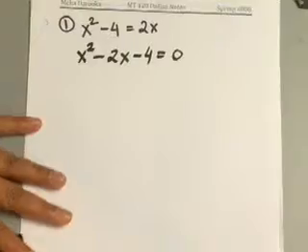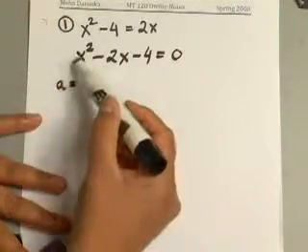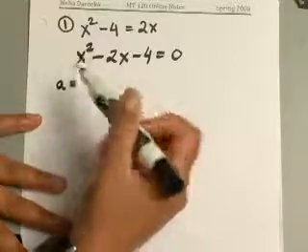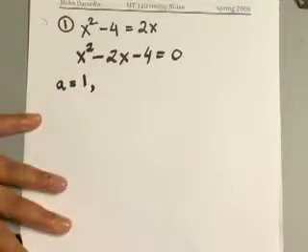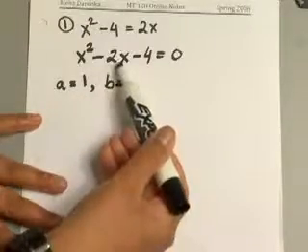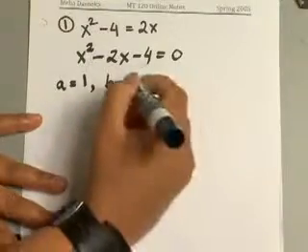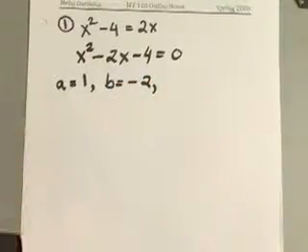Now you need to identify your a, b, and c. Your a coefficient is on the x squared term, and you can see you have just x squared, which means your a is 1. Your b coefficient is on the x term, and on x you have a negative 2, so your b will be negative 2.